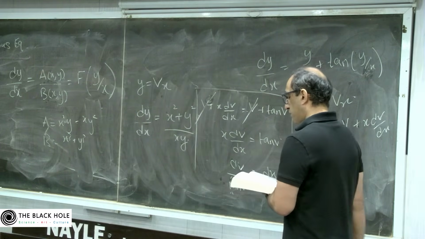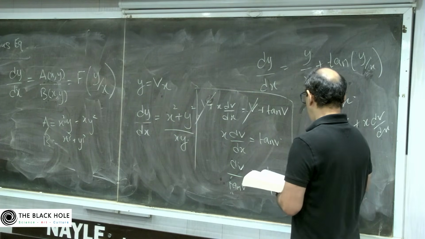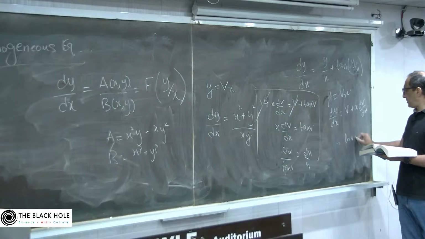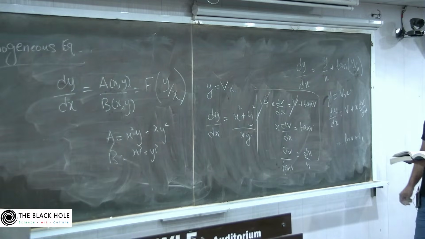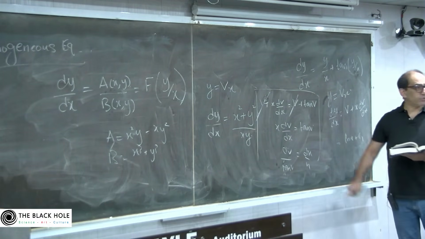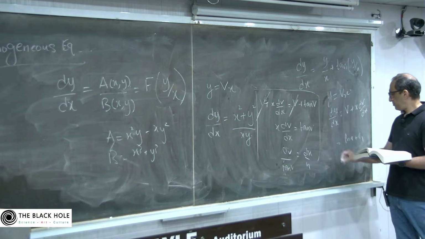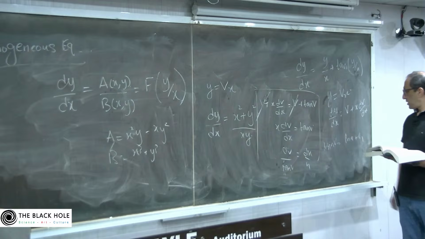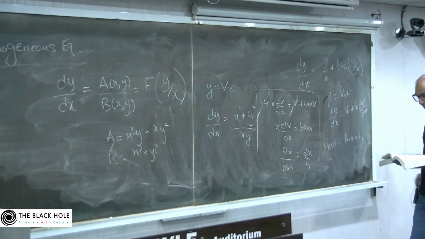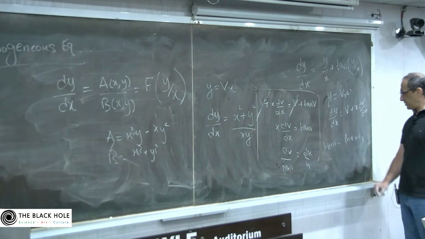Okay. So if I write that, log of x plus c1, and this is equal to, so if you take it here, this will become cotangent of v, and the integral of cotangent of v will be log of sine v. So eventually you can write this thing as, so if I do this, what will I get?